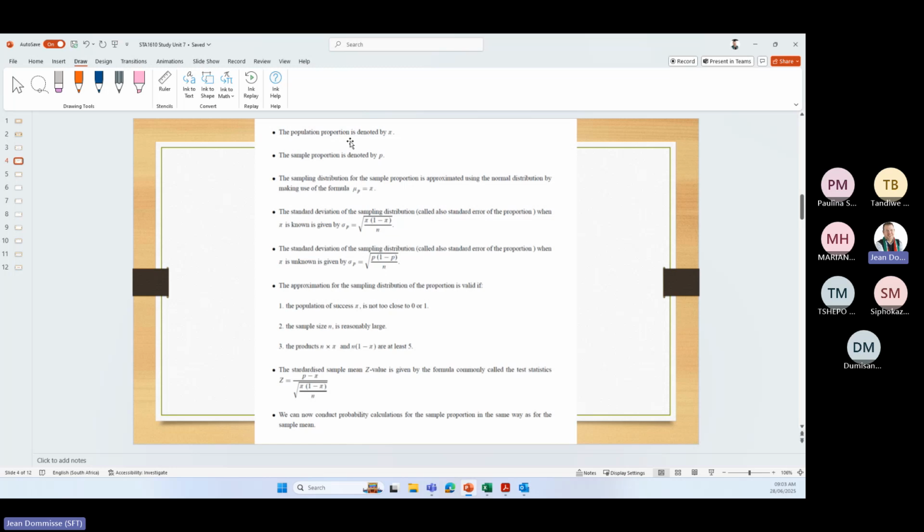A proportion is just going to be, they tell us, 50 out of 100. So instead of giving us a mean, they will give us a proportion, and the proportion formula does look a bit different. This is how to work out the Z when we're looking at a proportion.